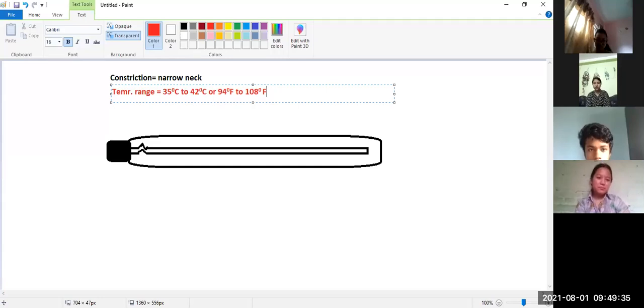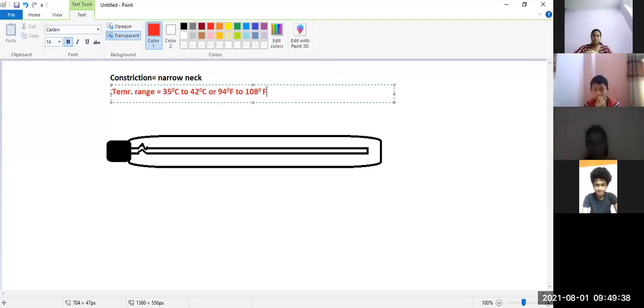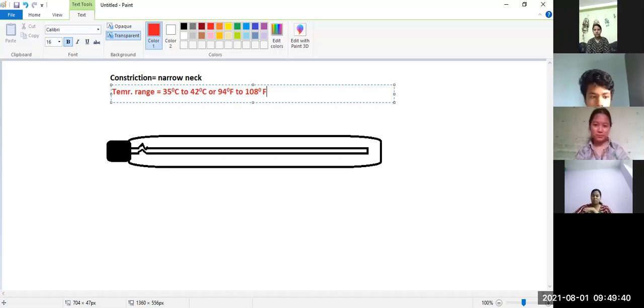Manik? Yes sir, because it can only measure up to 42 degrees Celsius. Yes, a clinical thermometer can only measure a maximum temperature up to 42 degrees Celsius, but the temperature of boiling water is 100 degrees Celsius. Then what happens if we use this?